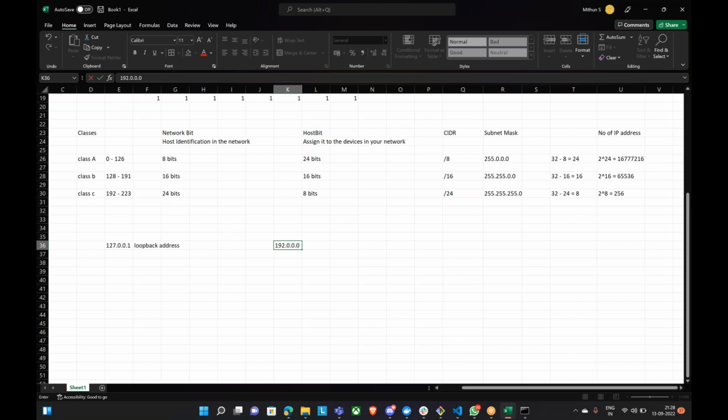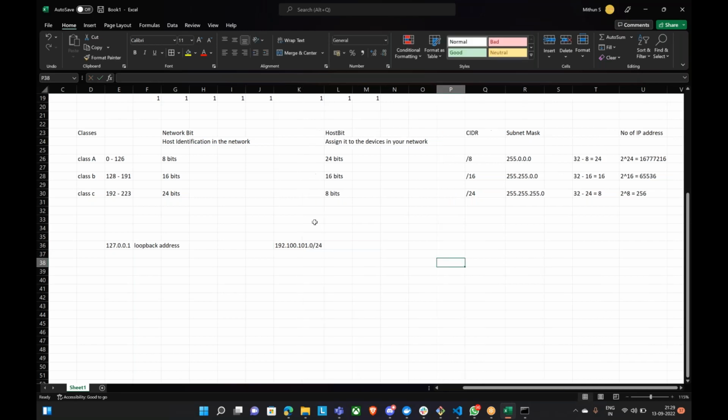As per class C, the first 3 octets you are not going to assign anything, so you can keep any number for that matter. So I'm going to name it 128.100.101, let us make it fancy, then slash 24. So what does this mean?